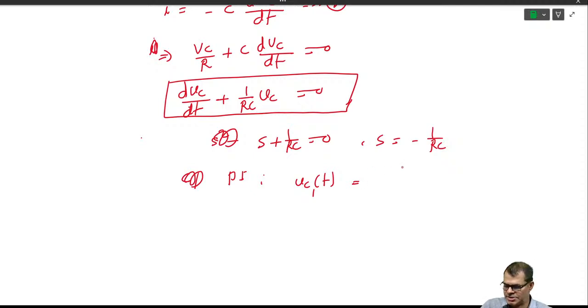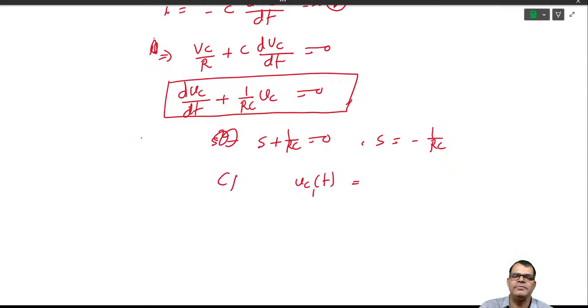Sorry, this is the complementary function, the natural response. It is just nomenclature.